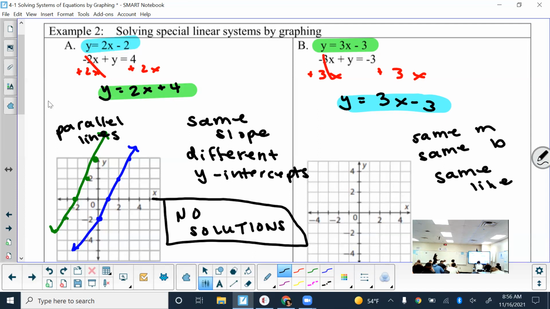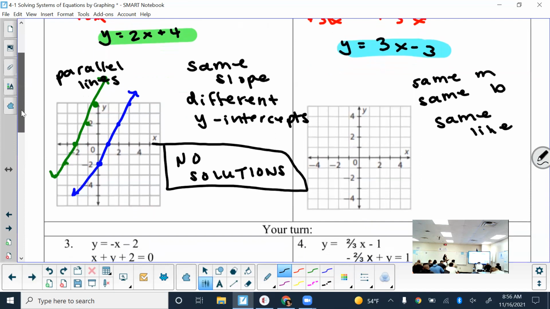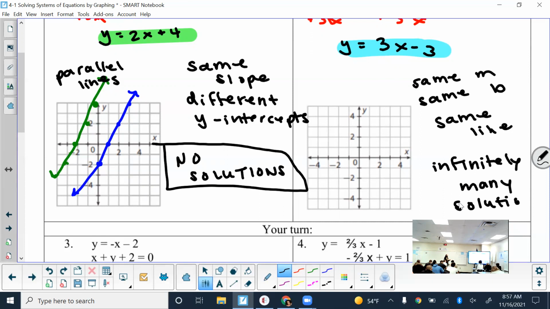How many solutions do you have when they're the same line? Infinitely many. I know it's like a long expression, right? But it's infinitely many solutions, because when I graph them, they intersect at infinitely many spots because they are the same line. So I'll just show you what that looks like.